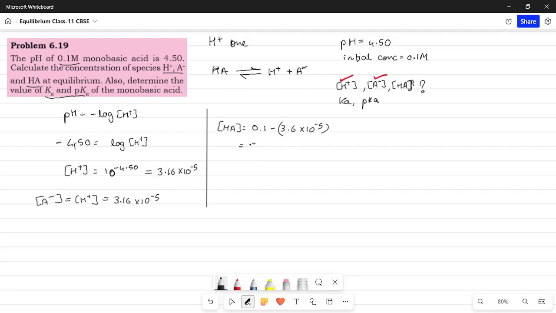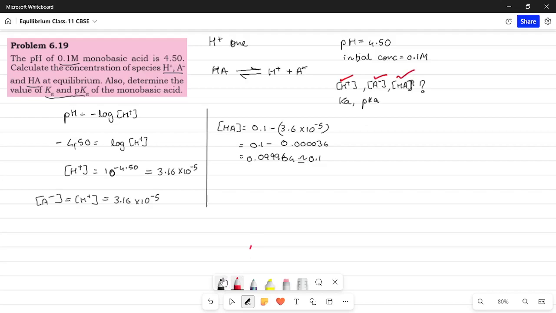So 0.1 minus 0.0000316 is equal to 0.09964, which is approximately equal to 0.1. We're just simplifying it to give us this final value. So we have been able to calculate the concentration of HA as well.